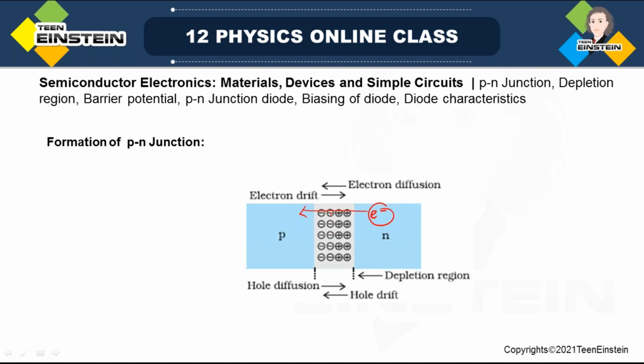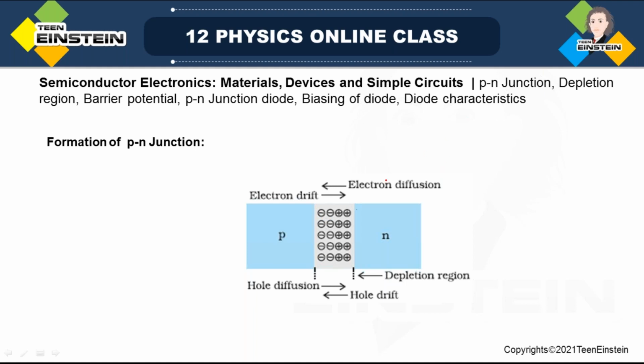As you can see, positive donor ions are accumulated near the N region, and negative acceptor ions are situated just near the P junction.